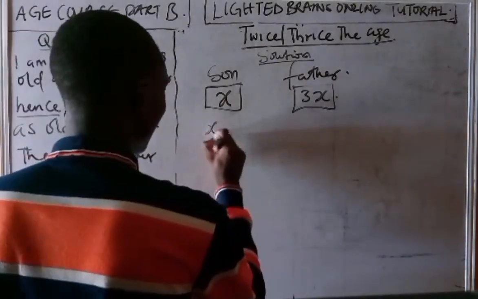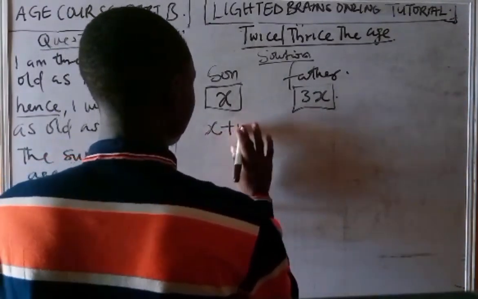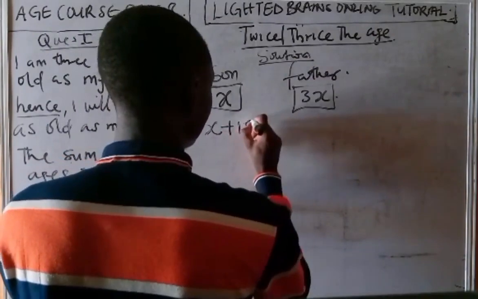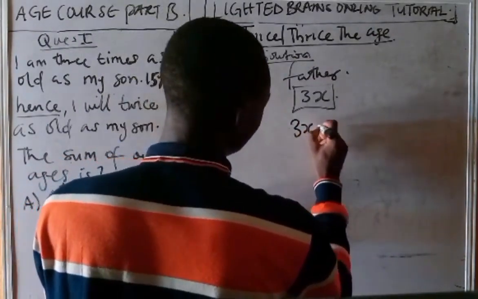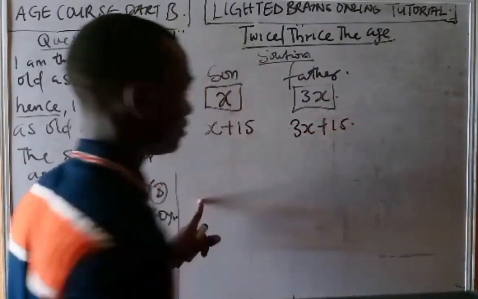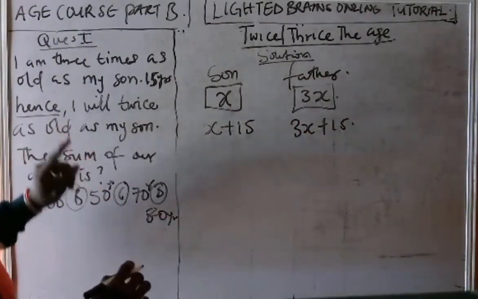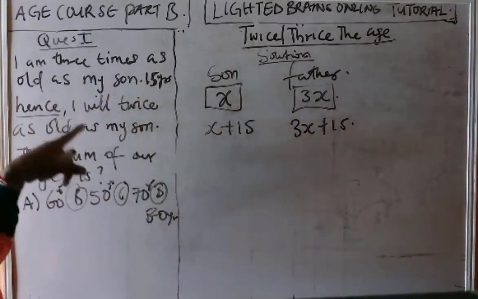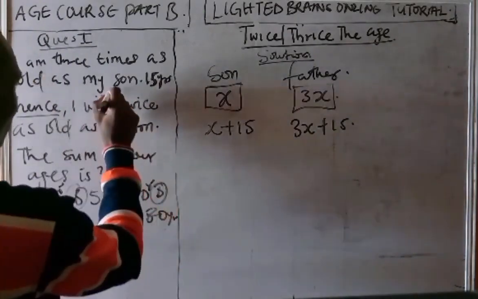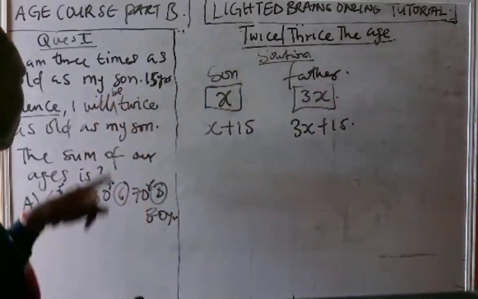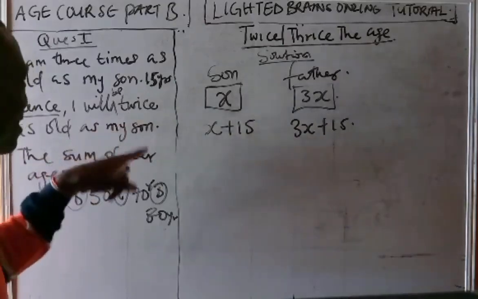So we have x plus 15, and 3x plus 15. Now, 15 years hence, I will be twice as old as my son.